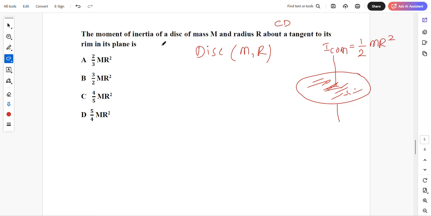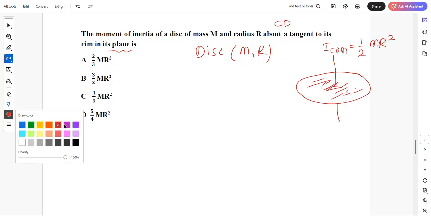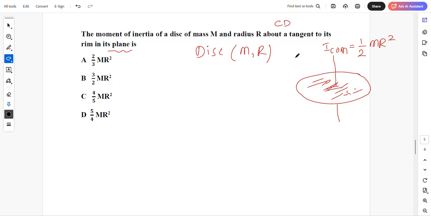Now what is the moment of inertia of a disk of mass m and radius r about a tangent to its rim in its plane? Yesterday we discussed this in the previous video. Now if I write a tangent here, this tangent is perpendicular to the plane.